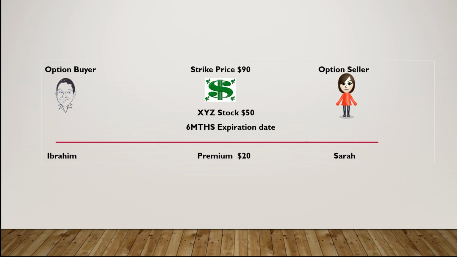So Abraham can do whatever he wants with the stock within that 6 months. This is the sweet part for an option buyer. Say the stock goes up past $90 within that 6 months. Abraham has the right to buy that XYZ stock from Sarah for $50 with no obligation.